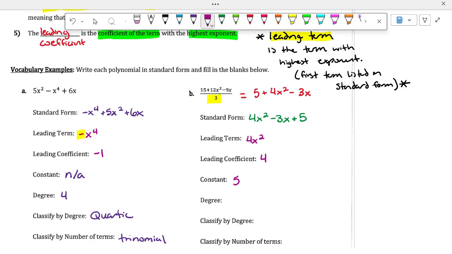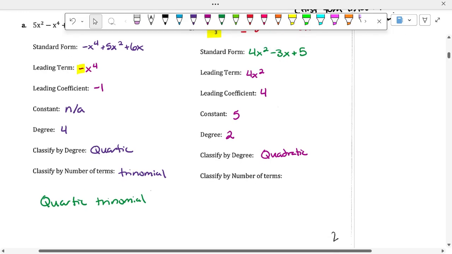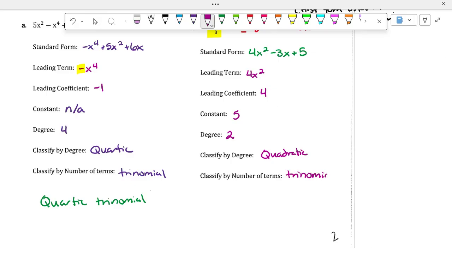Now, what's the degree? So what's the highest exponent? 2. So if I were to use its fancy name to classify the degree, what would I call it? Quadratic. Finally, if I was to classify it by the number of terms, what would I call it? A trinomial. There are 3 terms.